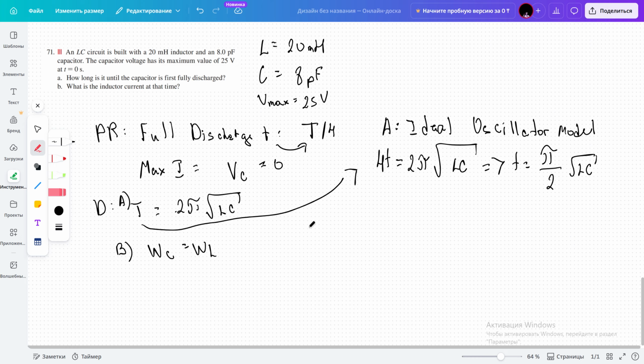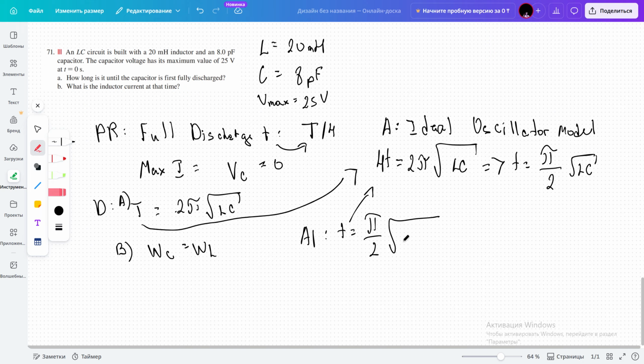And the last one is algorithm design. My algorithm for part A will just calculate the time. Just use this formula and calculate it. Pi over 2 times square root of LC.